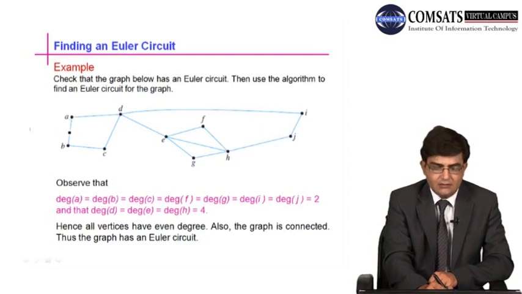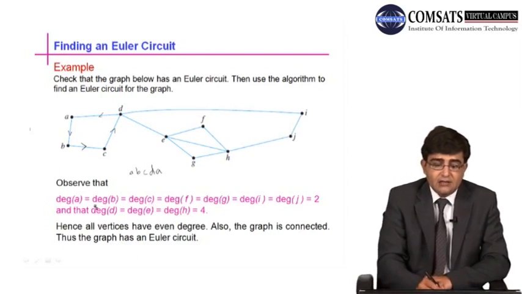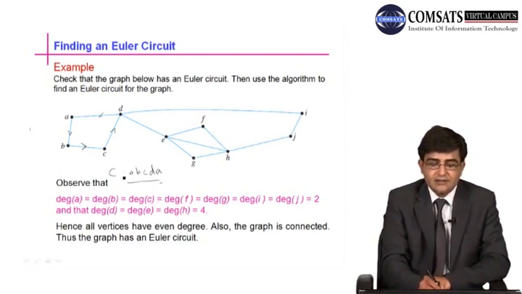We say that we have A to B, B to C, C to D and D to A. So this is a circuit in this graph: A, B, C, D, A. So this is a circuit in this graph we have constructed. We call it circuit C.